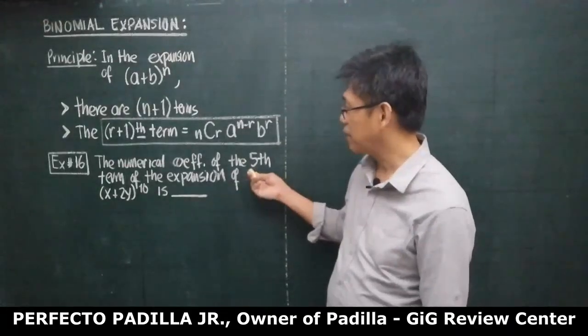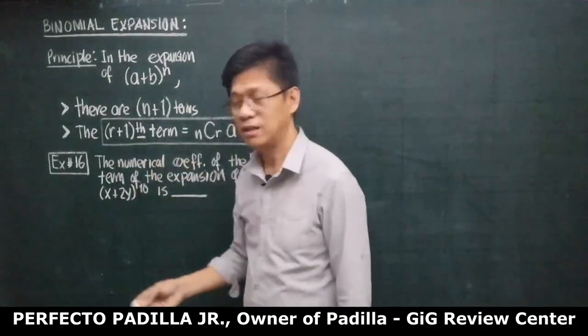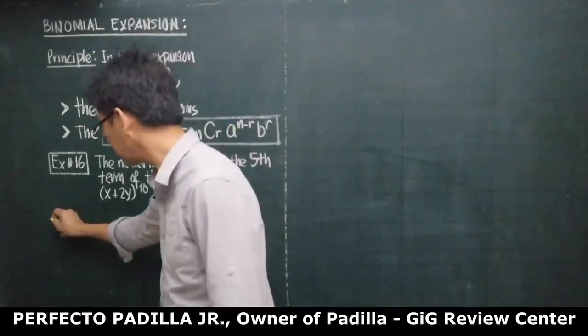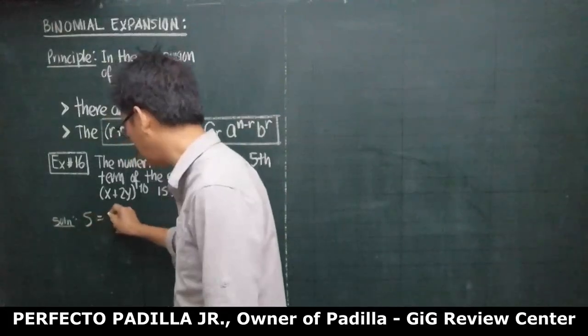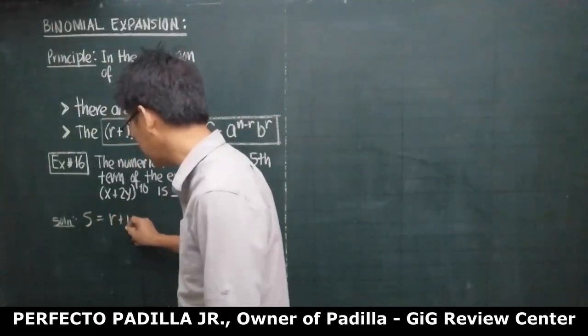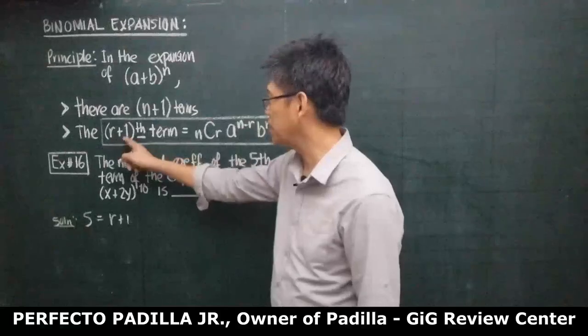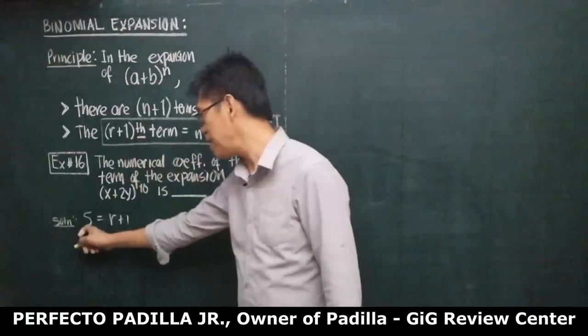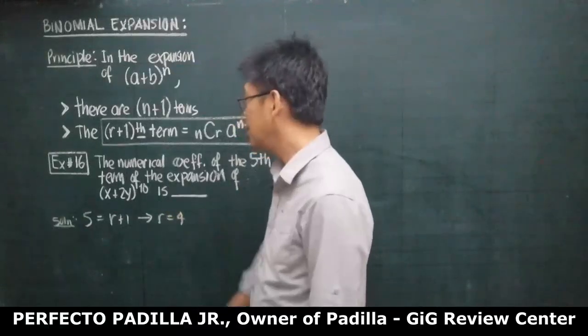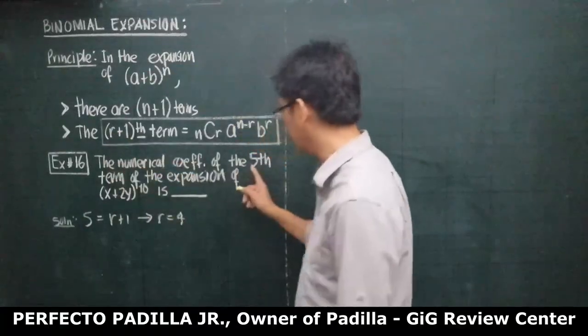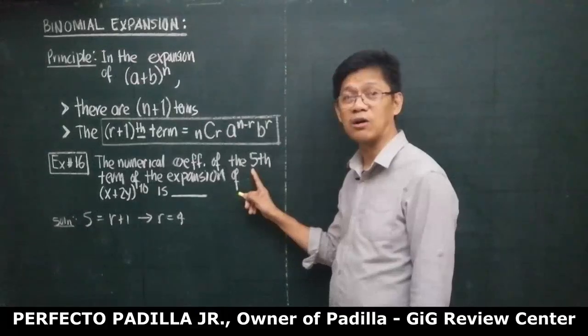Yung 5 sa fifth term, yan yung r plus 1. So, kung yung 5 are r plus 1, ano yung r? 4. Yung r is 1 lower than the order of the term.